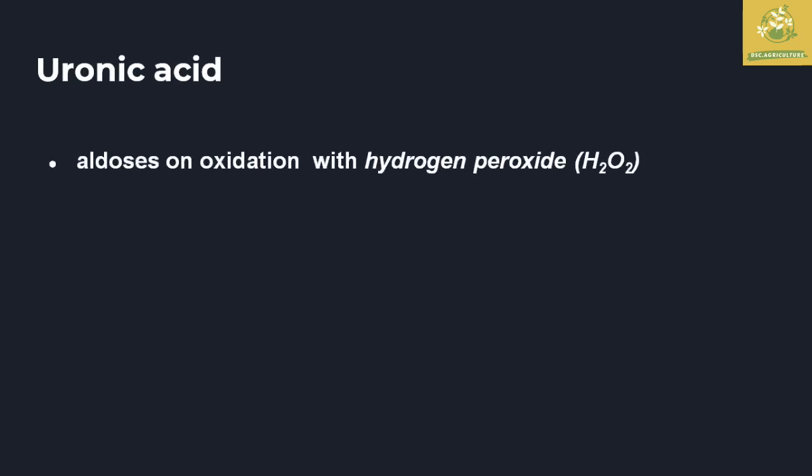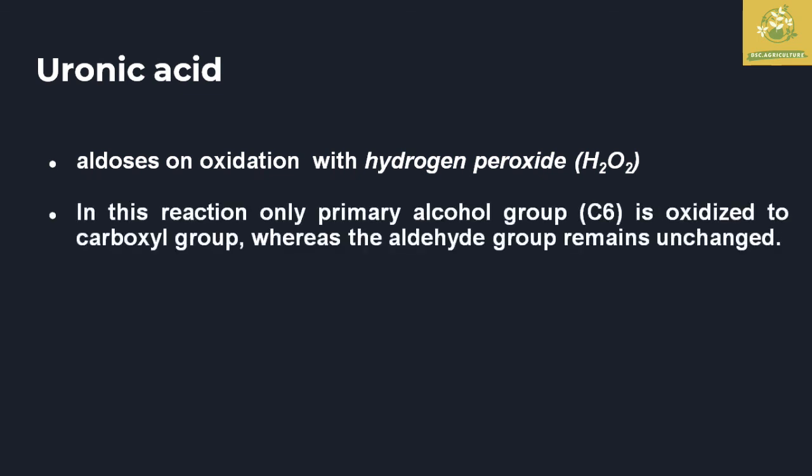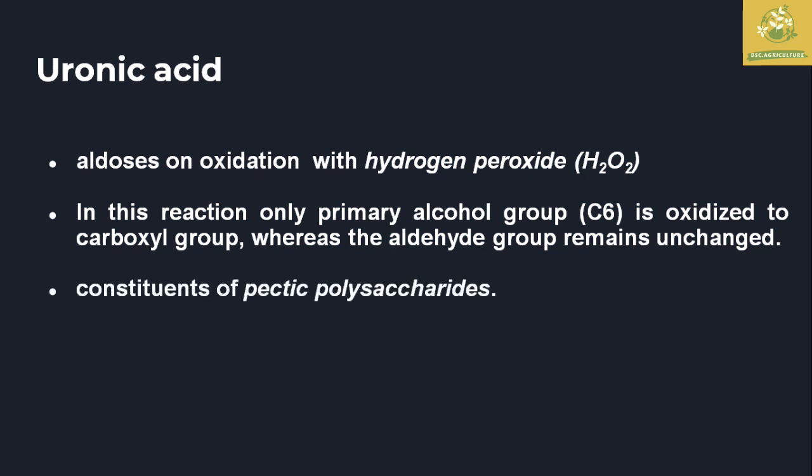Uronic acid: aldoses on oxidation with hydrogen peroxide, H2O2. In this reaction, only the primary group of C6 is oxidized to a carboxyl group, while the aldehyde group remains unchanged. These are constituents of pectic polysaccharides.